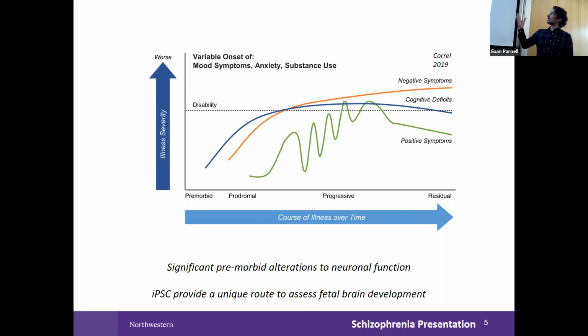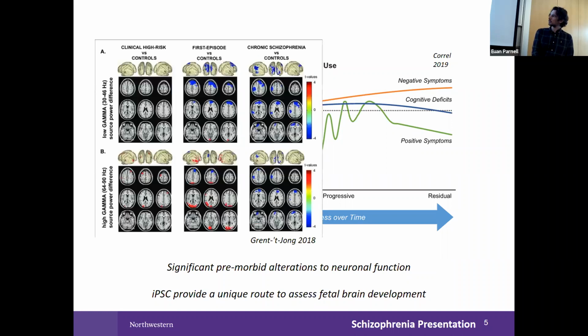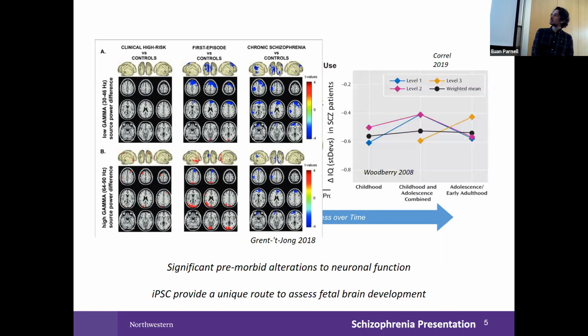There are negative symptoms, mood disorders, and cognitive defects that occur even before the onset of disease. And this has been shown by brain imaging studies. There are changes in how the neurons are firing, the oscillations within the brain, even before a formal diagnosis and during development. And you get decreases in IQ in patients during childhood. All these support an early developmental defect in schizophrenia that is suitable to study with iPSC.